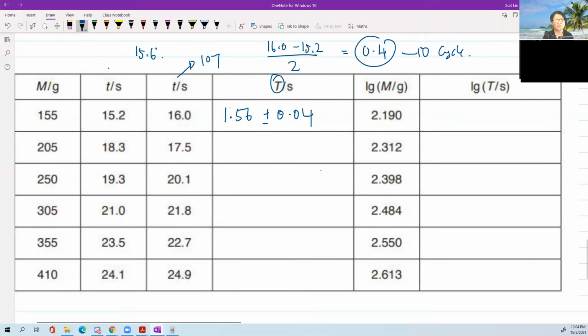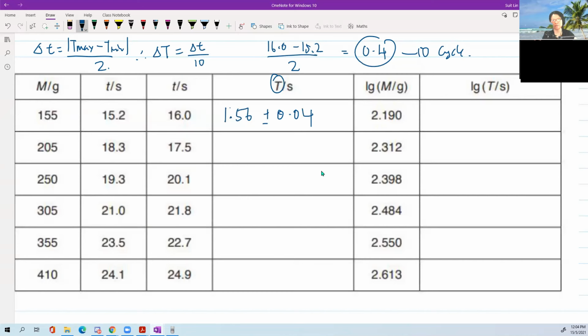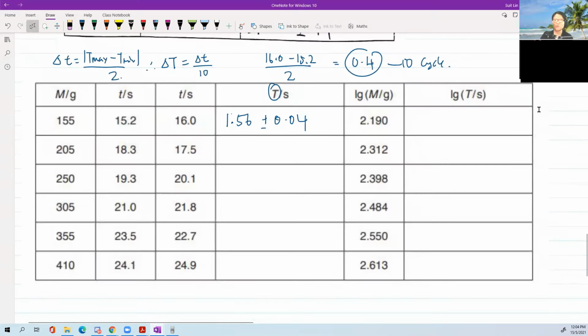So the uncertainty in the small t will be equal to T max minus T min divided by 2. Hence the uncertainty for the period will be the uncertainty for 10 cycles divided by 10. Then you go and log this one. Just make sure you always check the brackets. No need to worry about prefix. In fact, for 1.56, no need for a prefix.